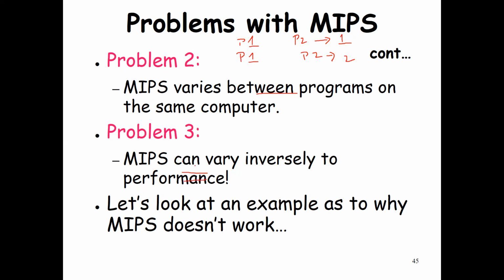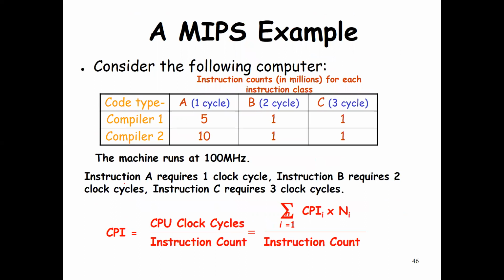Sometimes it may give the result the wrong way around. Assume that actually the first processor is better than the second processor, but when you use MIPS, it may say that the second processor is better than the first. So let us try to understand this with an example.